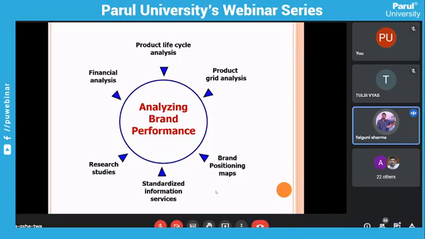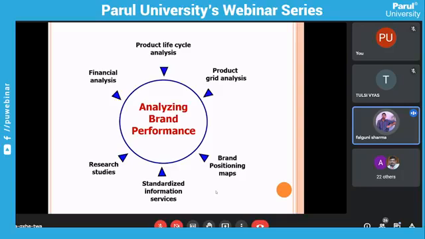Then product grid analysis. Definitely we have to check whether we can go for extensions or line extensions for any product or brand we are looking at. If the growth is not optimized, then we look at extending the product. Then brand positioning maps.